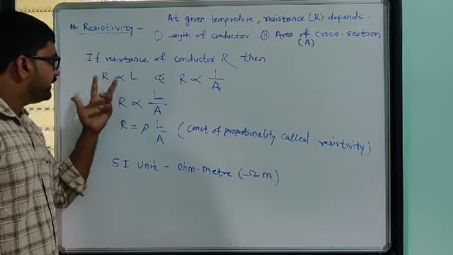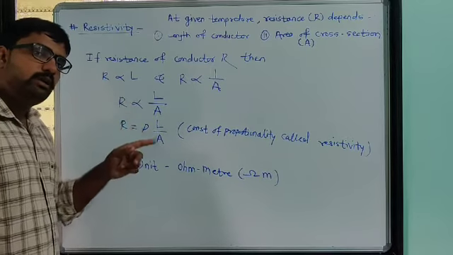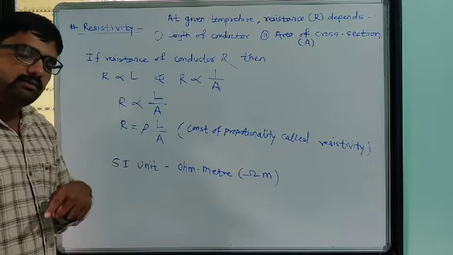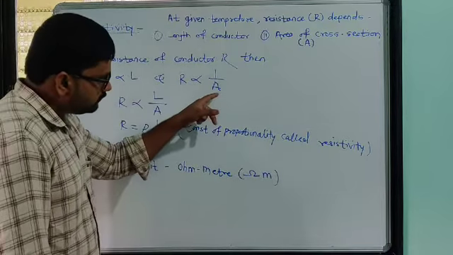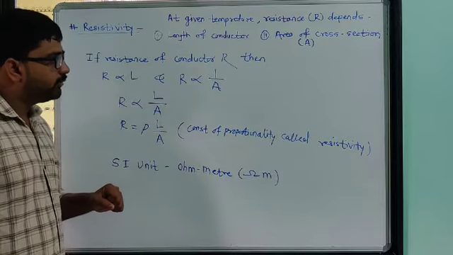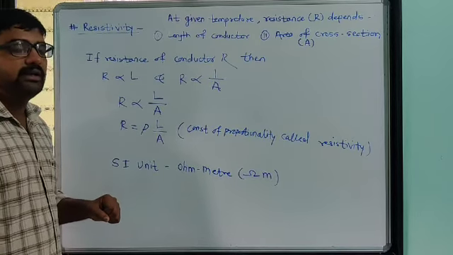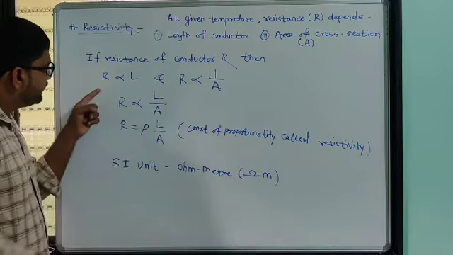Resistance has a direct relation with the length of the conductor. Direct means if one term increases, the other term ultimately goes on increasing. And second is the inverse relation with the area of cross section. If one term increases, the other ultimately decreases. So combinedly we can write this equation.